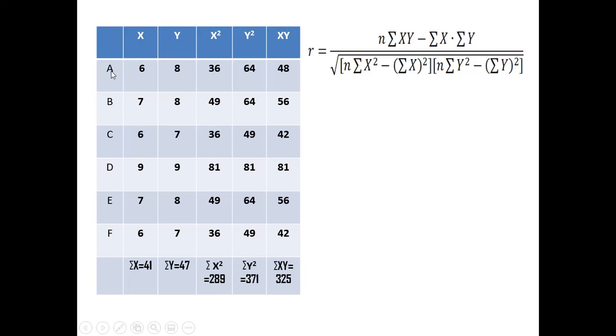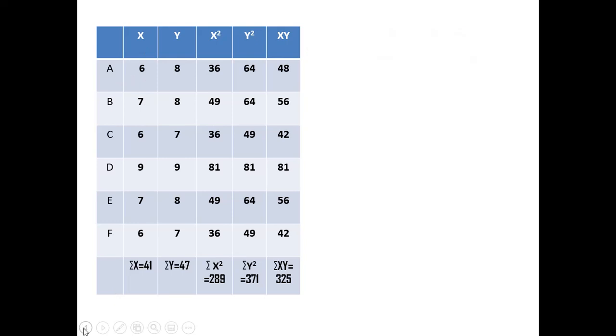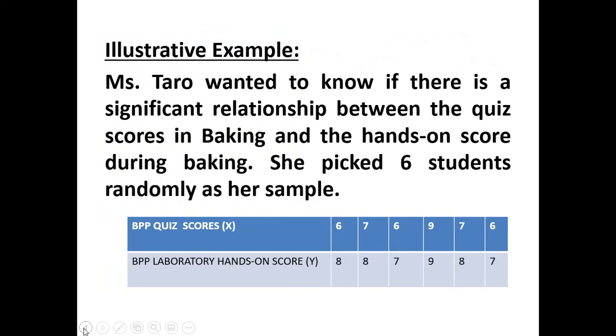Ito yung students, student A, B, C, D, E, and F. Yung score ng student A is 6. Saan yan galing? Let's go back to the previous slide. Makikita nyo na ang score niya dito. Ito yung variable x, ito yung variable y, 6, 7, 6, 9, 7, 6. Ilalagay natin to sa table.